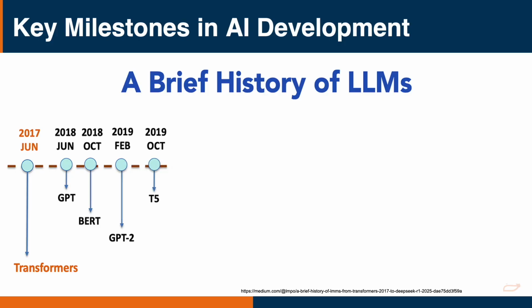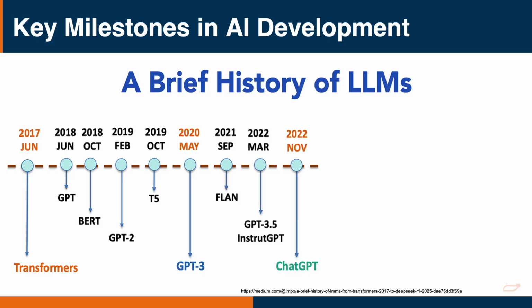Then the final boom came when ChatGPT was announced by OpenAI, which actually changed the game, and it has been changing the game since 2022. But we started getting some open source models as well, such as Llama 3.1, and so on and so forth.